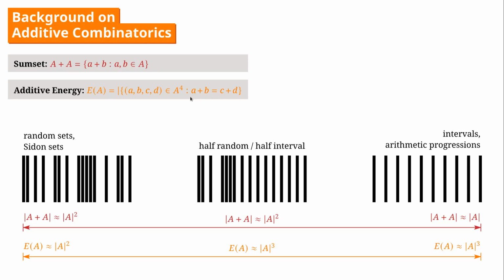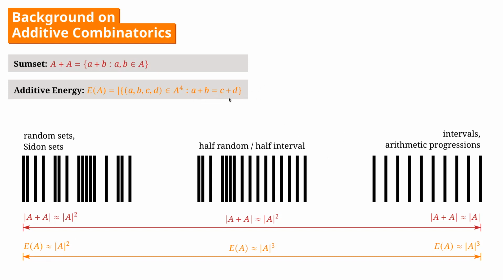But there are roughly |A| squared trivial solutions to this equation, namely taking a equal to c and b equal to d. So the additive energy will be roughly quadratic in this extreme case. On the other hand, if you consider an interval, it will generate cubically many solutions to this equation because you can pick a, b, and c more or less freely, and d is determined.